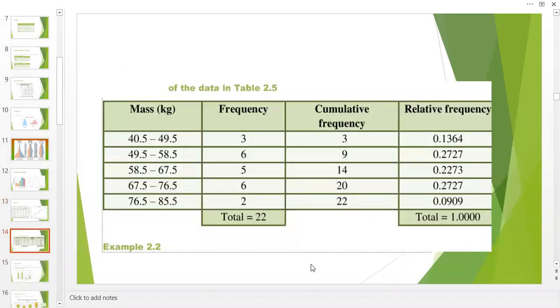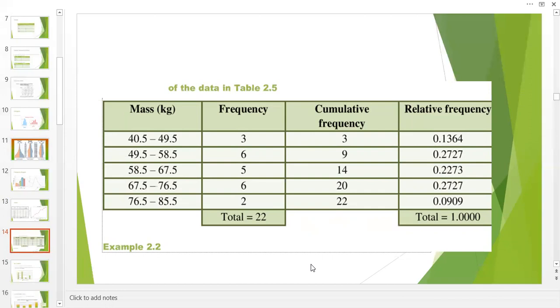Now, a brief difference between cumulative frequency and relative frequency. In cumulative frequency, we added the frequencies of the classes above, and it gives us an idea about the number of items below a particular number.